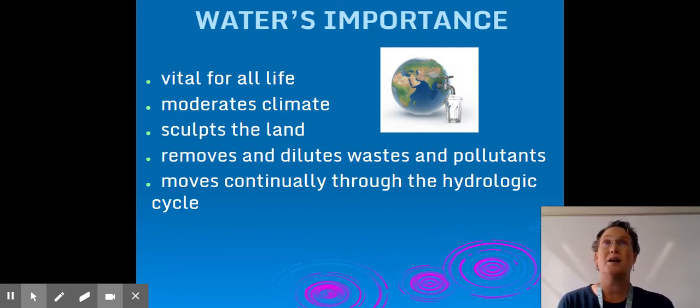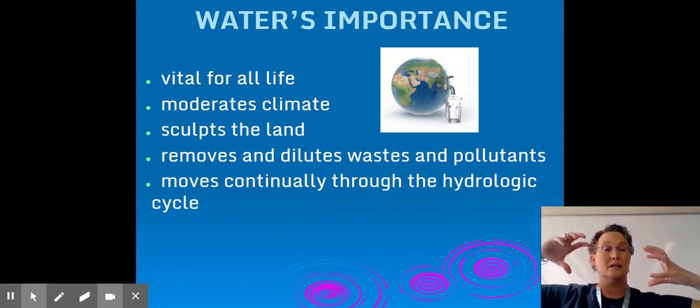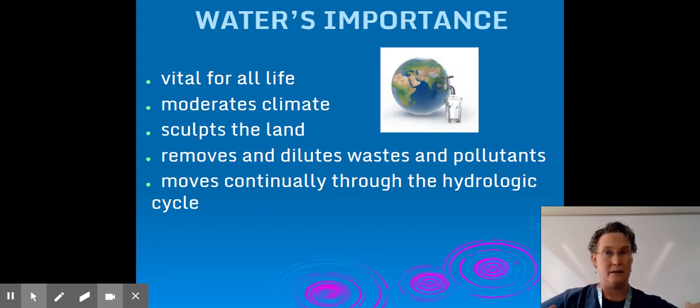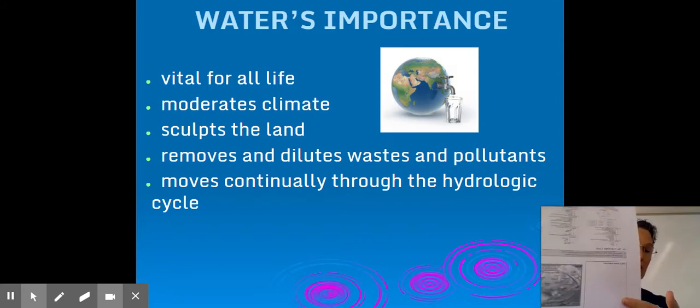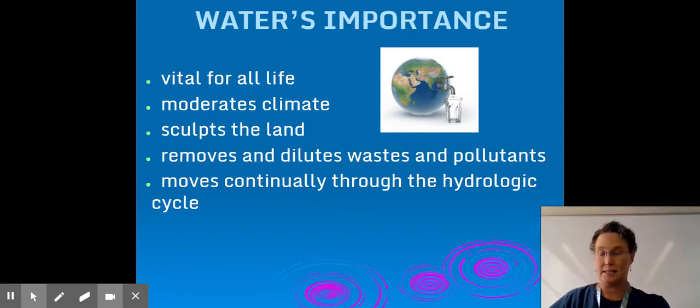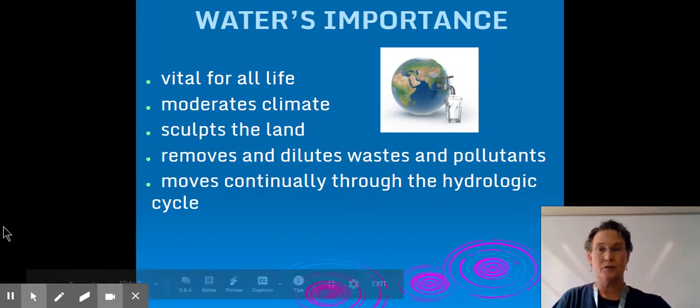We need to keep that in mind and get a sense of how much water there is in the world, where it's being used, and how to keep it sustainable. It moderates the climate, it sculpts the land, it removes and dilutes waste and pollutants, and moves continually through the hydrologic cycle. You may need to pause so that you can write that all in this box. I'm going to move on.